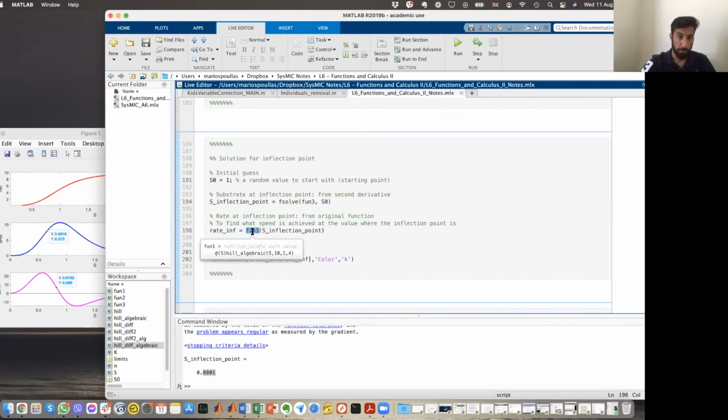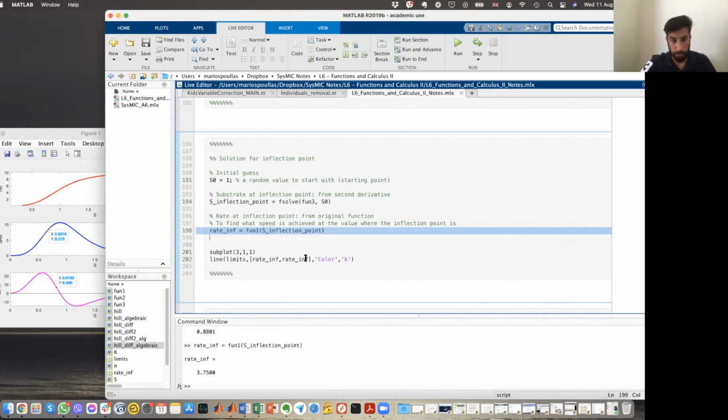Function 1 is being used at the inflection point, which is 0.88. And we can see that the rate at inflection is 3.75.